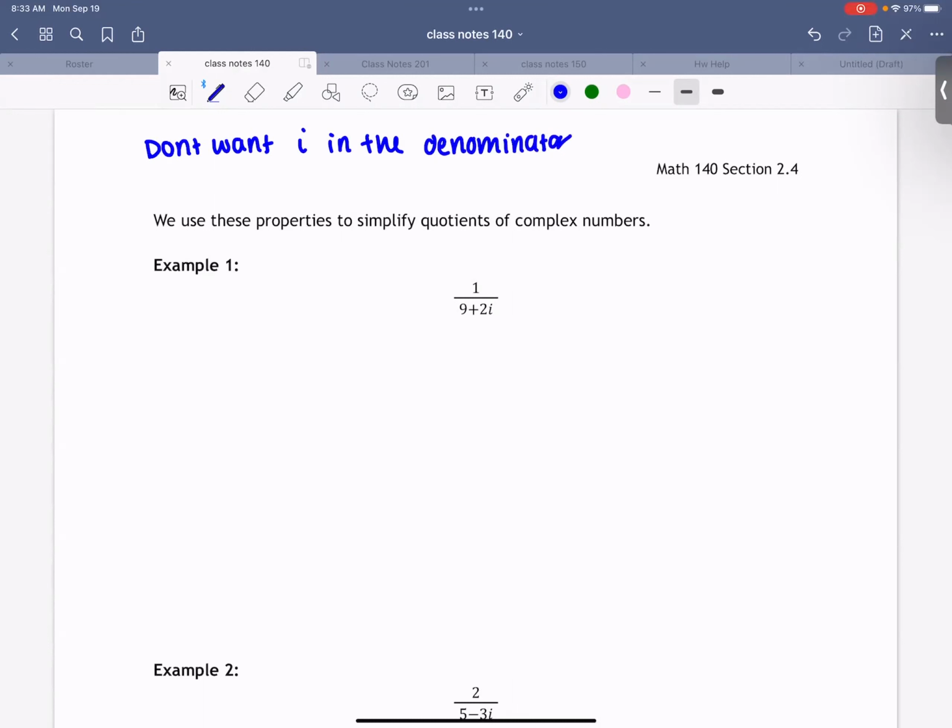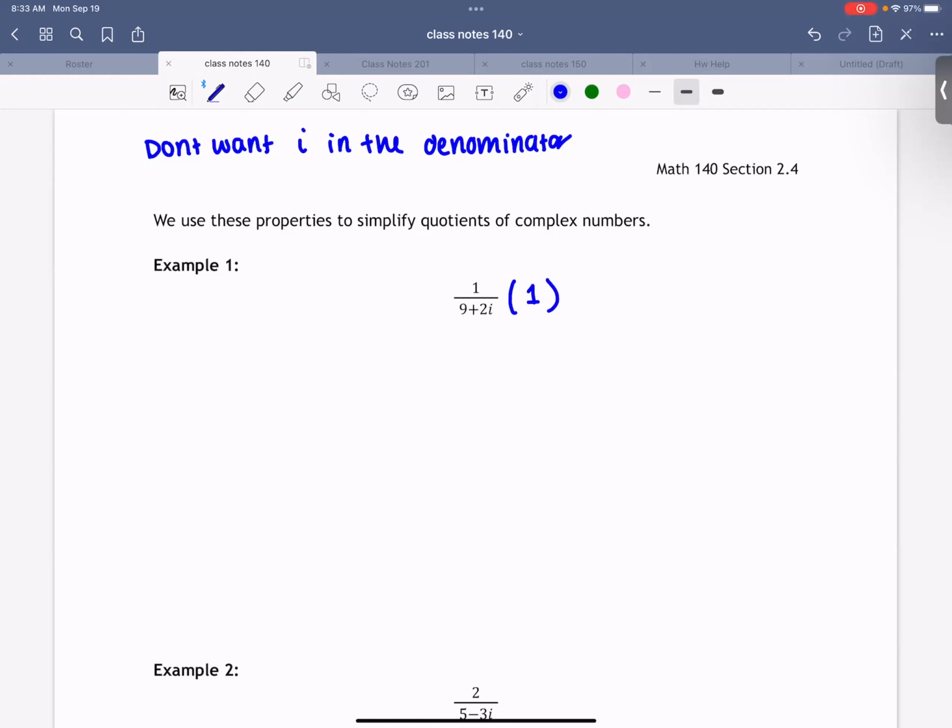When we want to simplify these, we want to take away that i from the denominator. We're going to use the conjugate to do that. For this example, if I want to take the i out of the denominator, I'm going to do something weird. I'm just going to multiply it by 1. We can always do that. 1 times anything is itself.